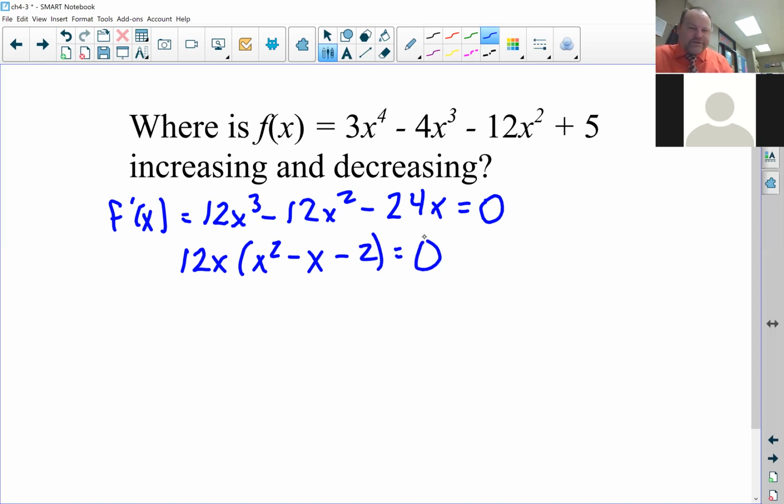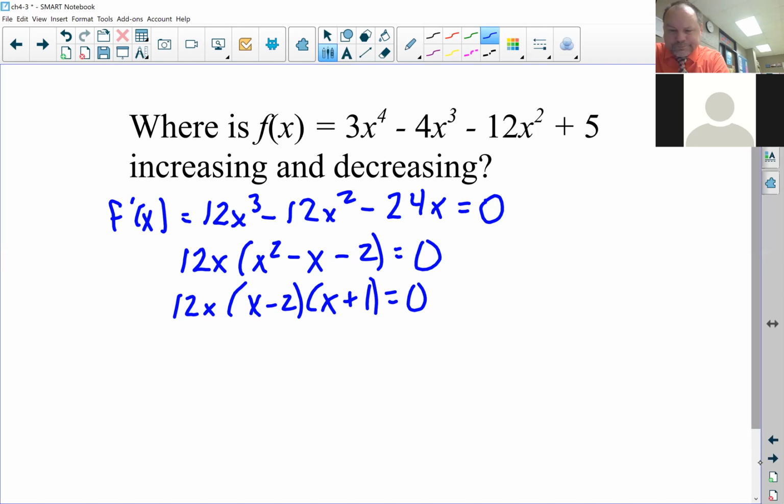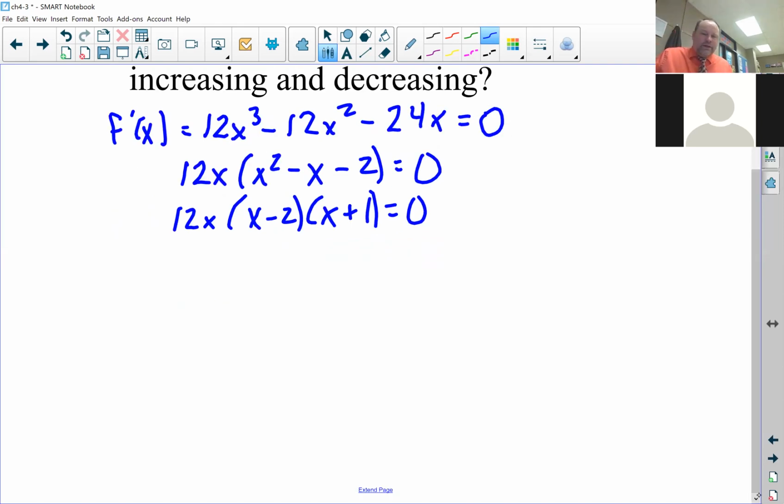And then I can factor that trinomial like so. And using those factors, I know that the derivative is 0 when any of the factors are 0.